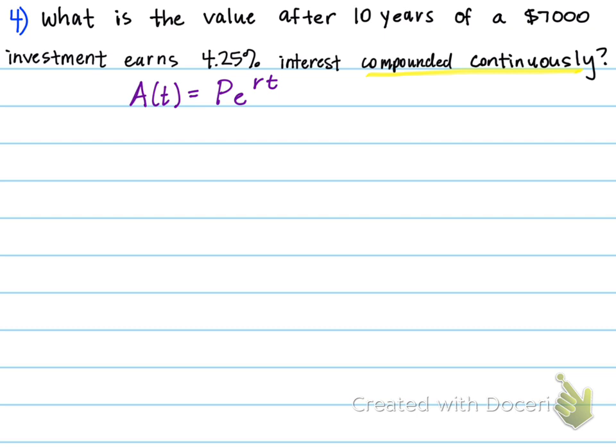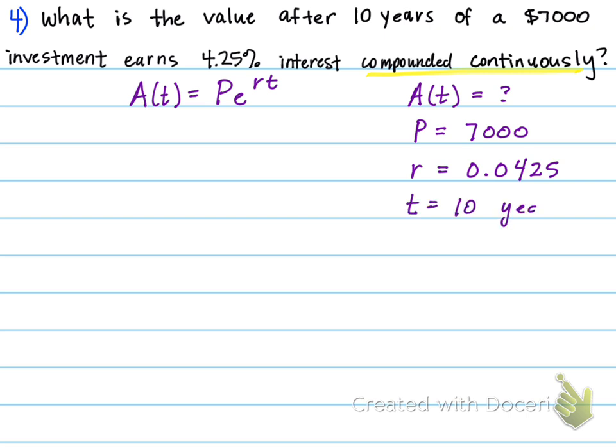So let's start writing what we know. We need to find A of T because it says what is the value after 10 years. We know the P value is 7,000. We know R is equal to 0.0425, and we know that we're dealing with time in 10 years.